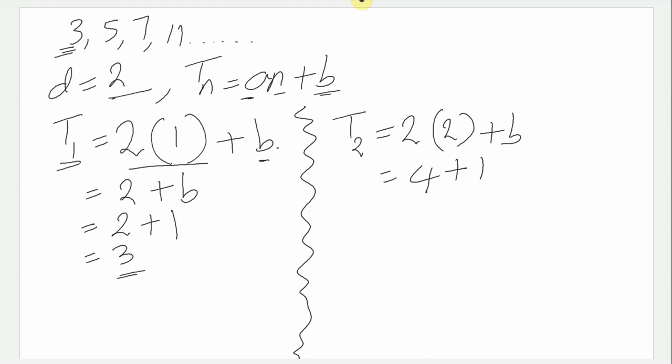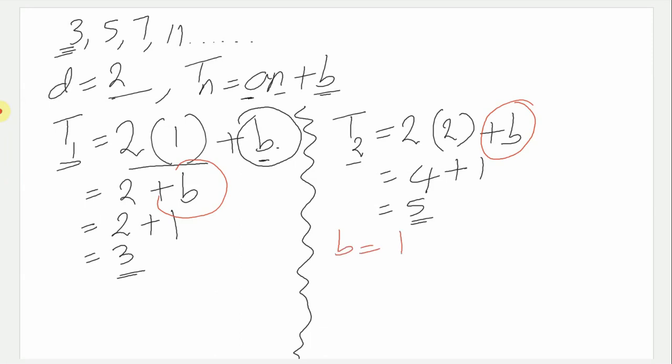Is 1, which will give me 5. Okay, cool. So sometimes you don't have to always guess the value of b in all cases. As you can see here, I can say that the value of b is 1 or plus 1, because I am adding 1 in every product here.